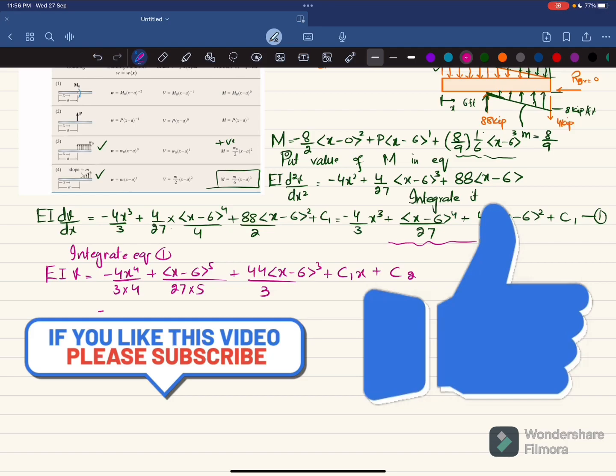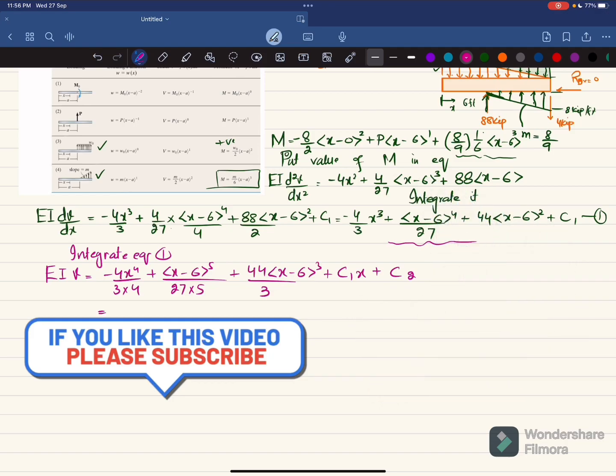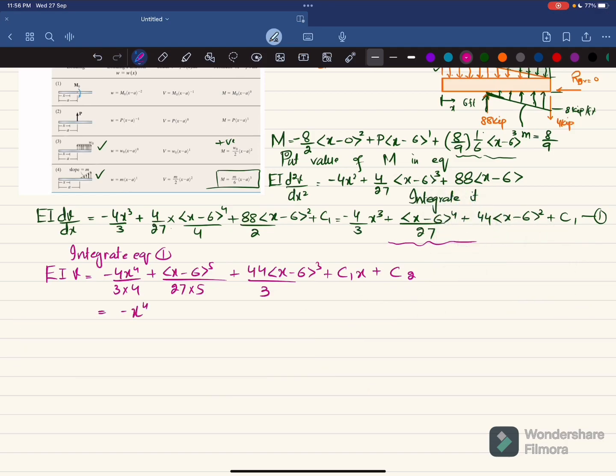And again if you simplify it, it will be equal to minus x power 4 over 3 plus x minus 6 power 5 divided by 135 plus 44 by 3 into x minus 6 power 3 plus C1x plus C2. This will be equal to EI into V. Let this be your equation number 2.